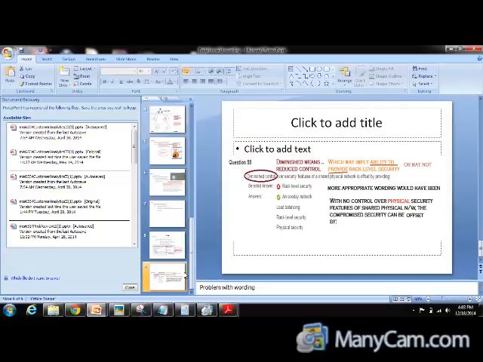Question 55 says diminished control over security features of a shared physical network is offset by providing. Now, diminished means reduced control, which may imply the ability to provide rack level security or may not. It just nowhere clearly mentions.